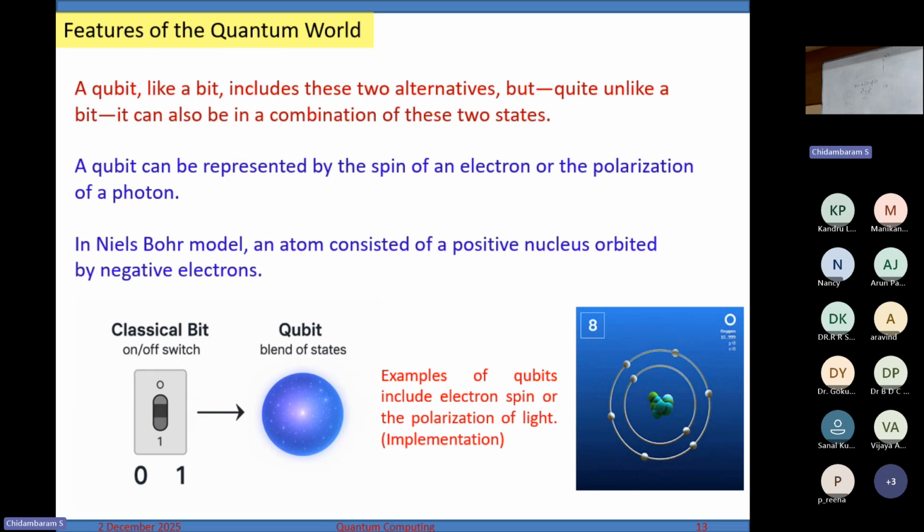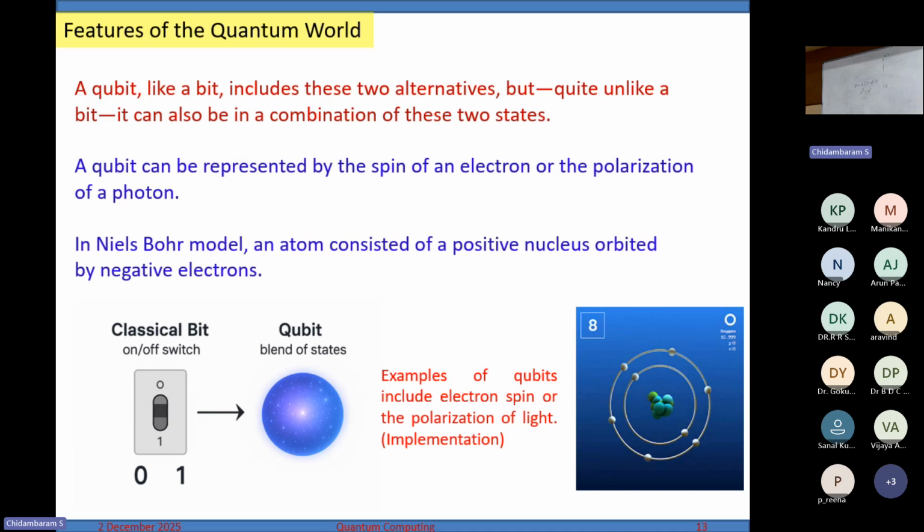Of course, morning Sir was talking about the Bloch sphere representation. It's a sphere. You can see some dots here. You can think of them as qubits, and Sir was telling about the exact qubit states and the mixed states. Those which are not exactly on the sphere, you can think of as mixed states.